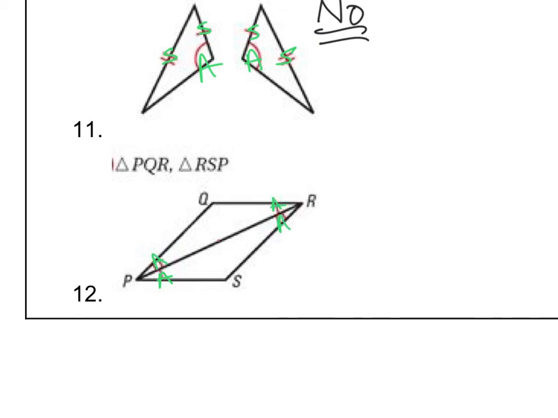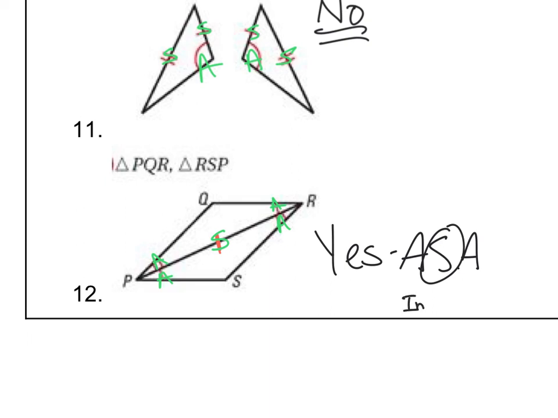And you may not see it, but be aware that side is congruent. So we have an angle, angle here, angle there, the side included. So our final answer is yes, by angle, side, angle. Remember, that side has to be included, or as we like to say, in between the two angles.